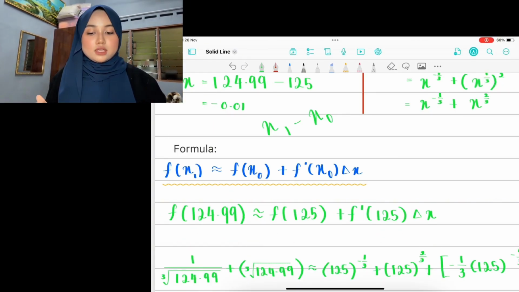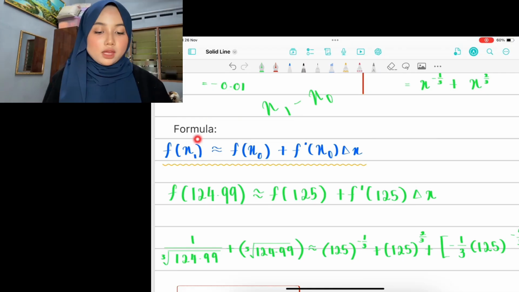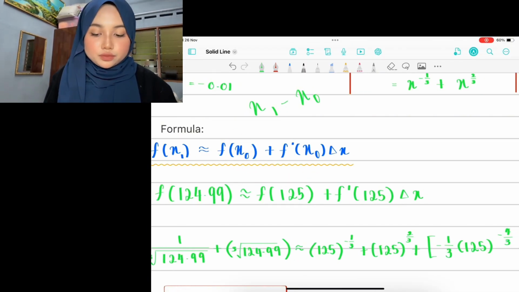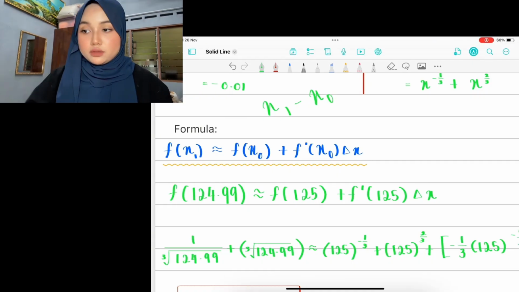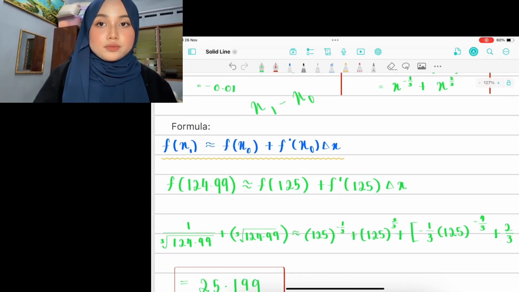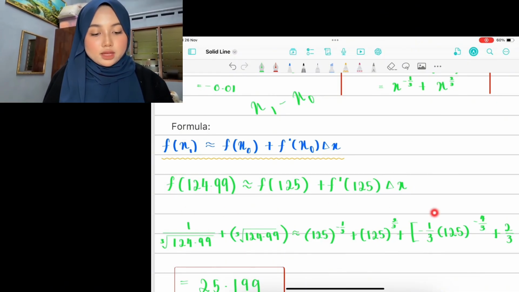As we can see, we put 124.99 here because it was x1, and I put 125 here because it's x0. We enter the numbers in the formula.